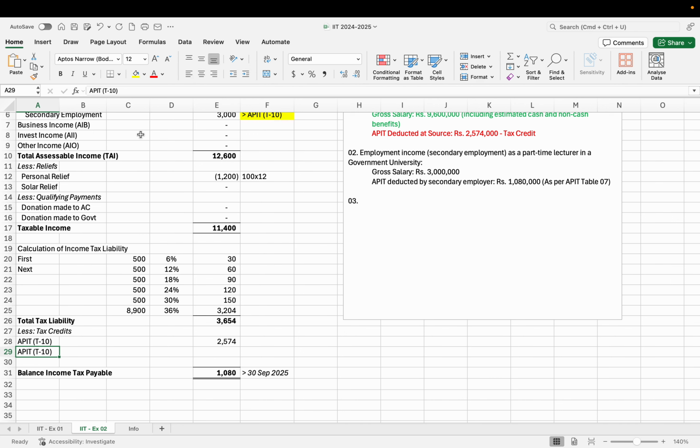Then what you can do here is: the first one I would say primary, the second one secondary employment, and secondary employment 1080.